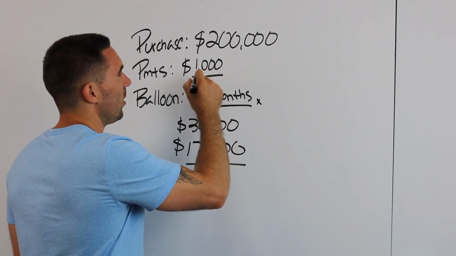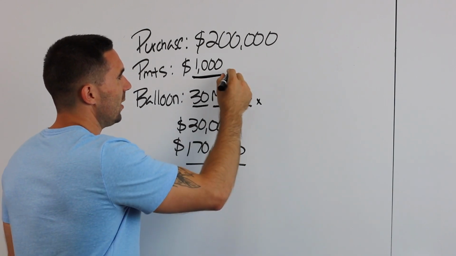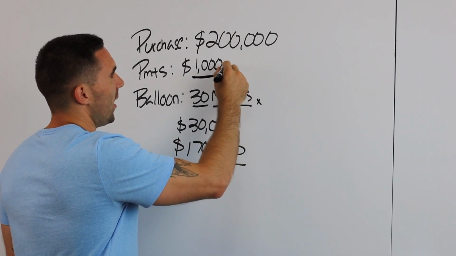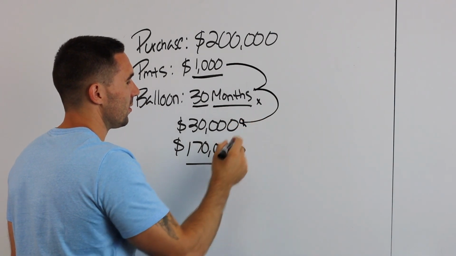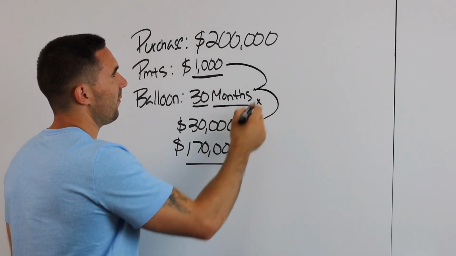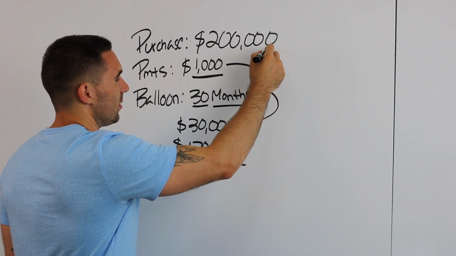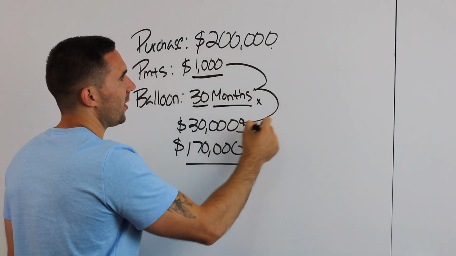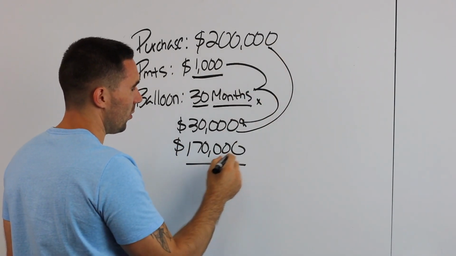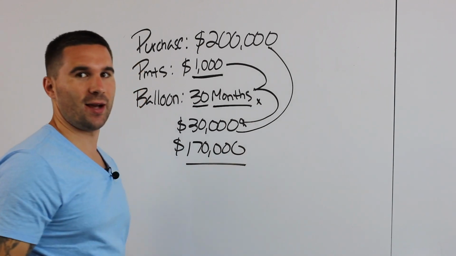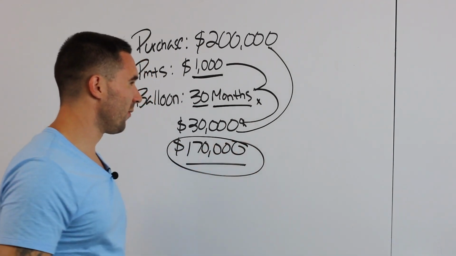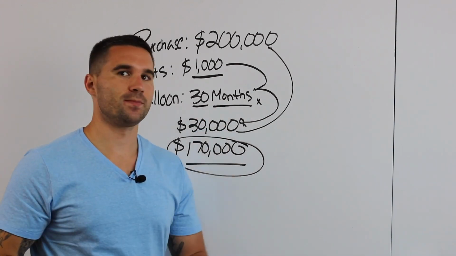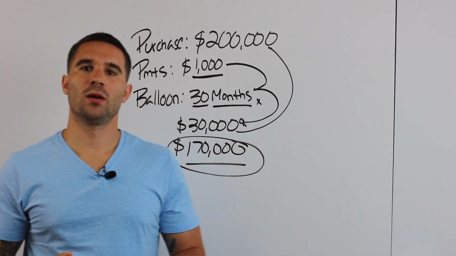So again, principal only payments of $1,000, so the 1,000 times the 30 months equals 30,000. The remaining balance after you subtract 30,000 from the 200,000 equals 170,000. That is the remaining balloon payment that is due on or before this date.